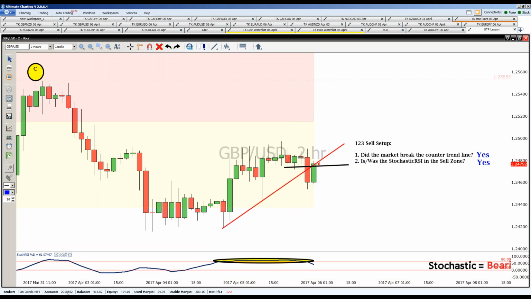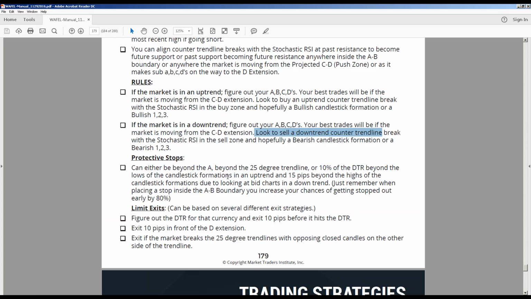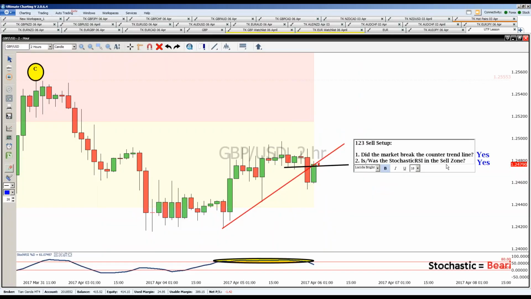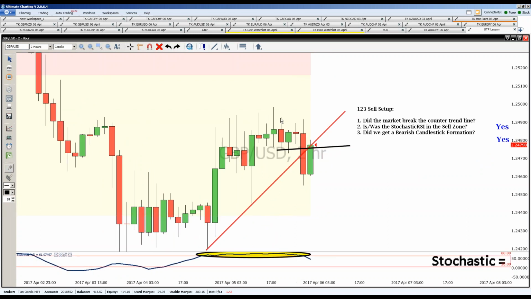Then hopefully a bearish candlestick formation. So the third one is, did we get a bearish candlestick formation? Yes or no? Well, have a look at the preceding move over here. Have a look at this candlestick over here.